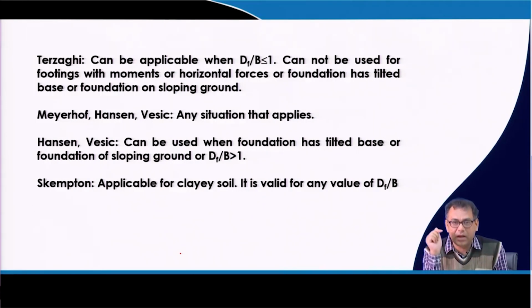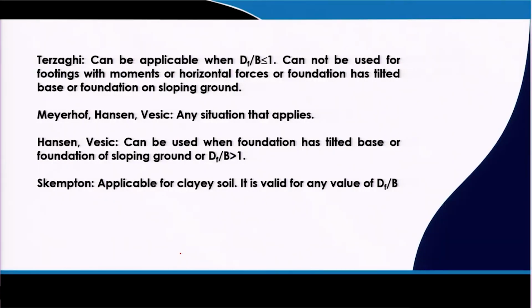For example, in Meyerhof, only the loading direction, only the loading angle with the vertical axis is sufficient to calculate. But in case of Hansen and Vesic, it is not. Because in Hansen and Vesic you should know whether the horizontal load is parallel to B or parallel to L, because those information you should know to use Hansen.